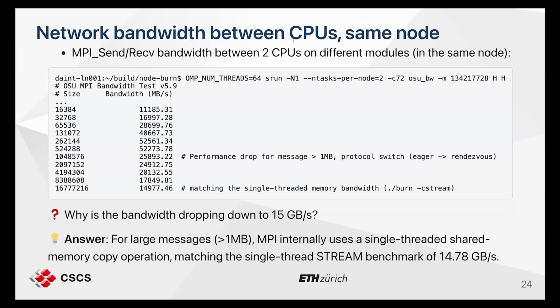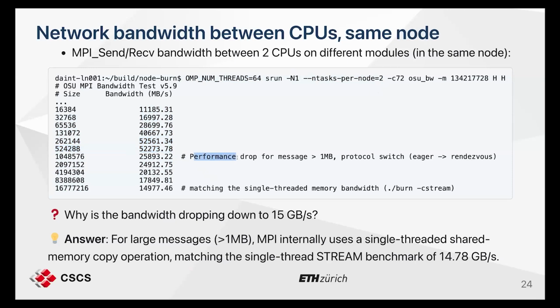There is actually a case that I wanted to show. When we do the network bandwidth between CPUs on the same node, and we use the OSU benchmark, when we run on one node, we use 2 MPI ranks, 64 threads that we saw can get the maximum performance. And what we notice here is that up to 512 kilobytes of message size, the performance is actually decent, because this goes, remember, through the Grace interconnect, which is 75 gigabytes per second.